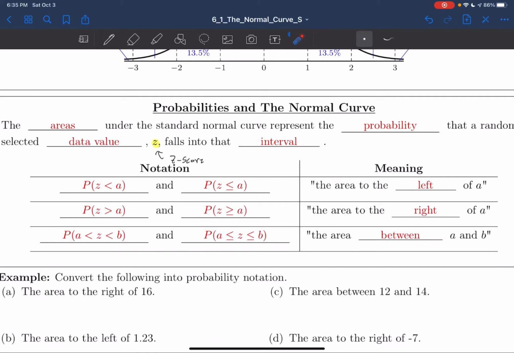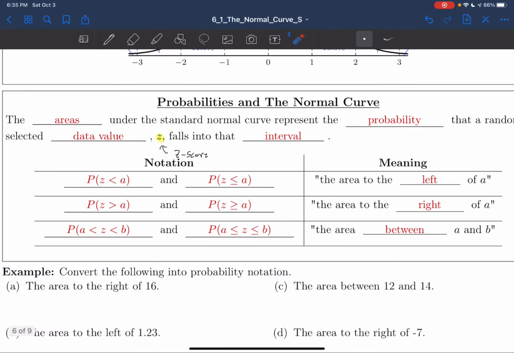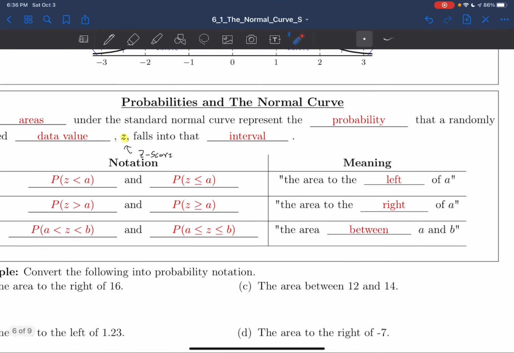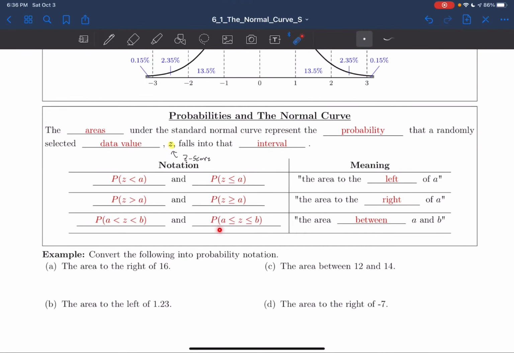When we talk about the probability of z greater than a, or greater than or equal to a, this is saying the area to the right of a, again like a value. And when we talk about the probability of z between a and b, including both a and b, this is just saying the area between a and b.